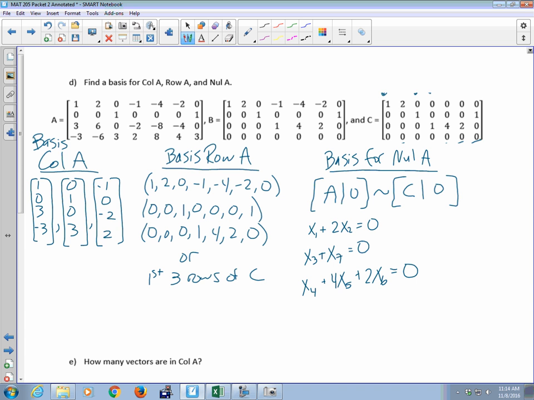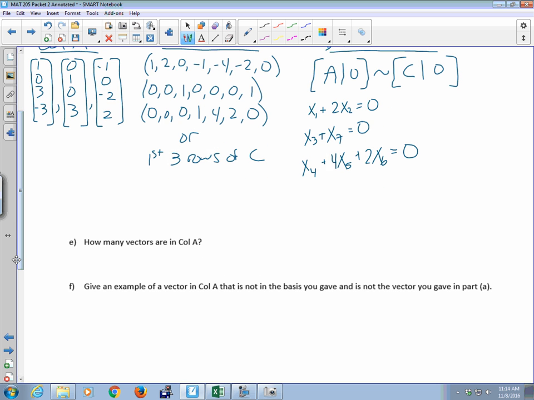So then I would solve for my basics in terms of my frees, write it in parametric vector form. So I'm just going to jump to parametric vector form.